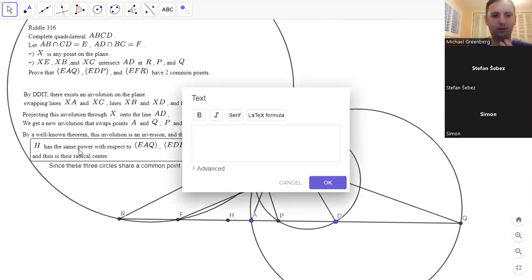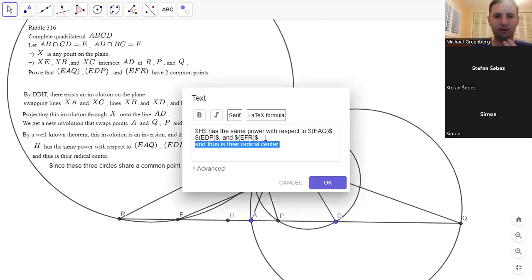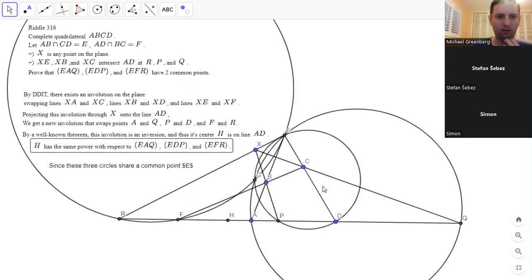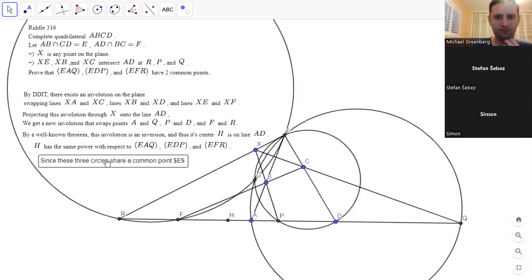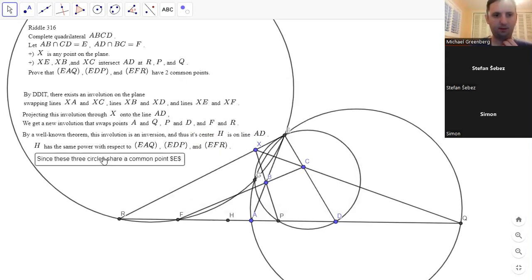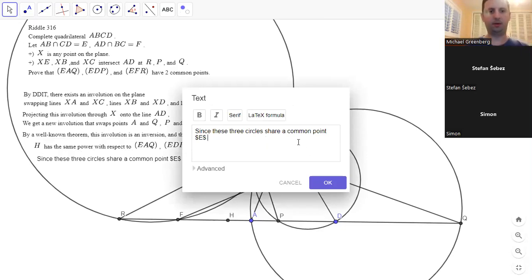Okay, so, and H is not equal to E, then they are coaxial.